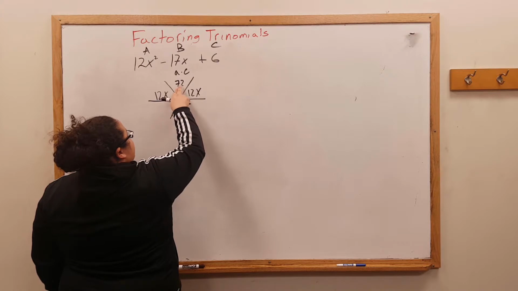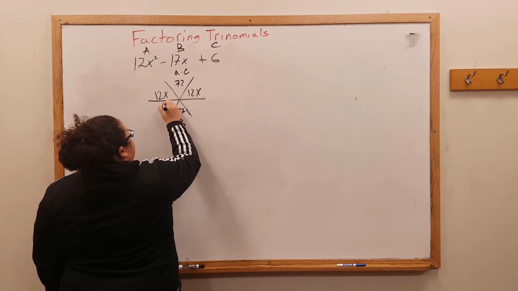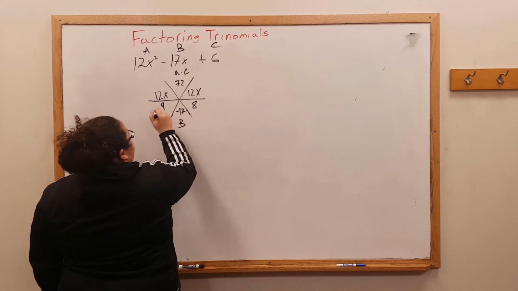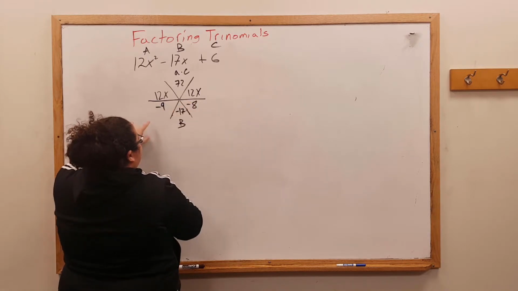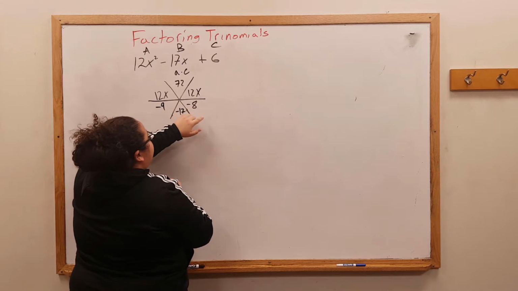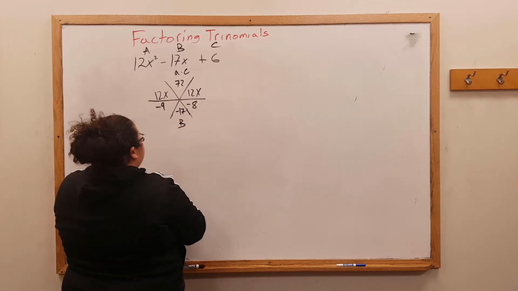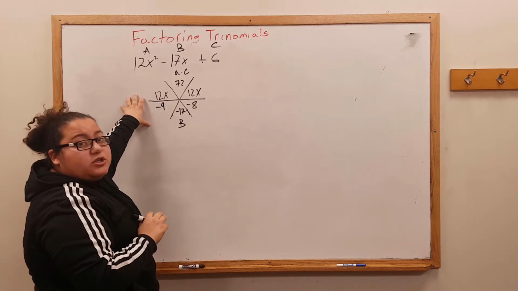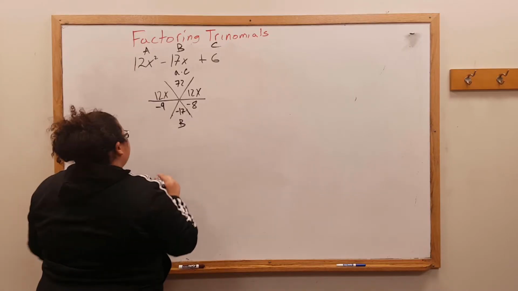Those two numbers, when you times them, equal 72, are going to be 9 and 8. But since we have that negative 17, both of them are going to come out negative. Negative 9 times negative 8 equals positive 72. When you add them, equals negative 17. Now the next step is simplifying.